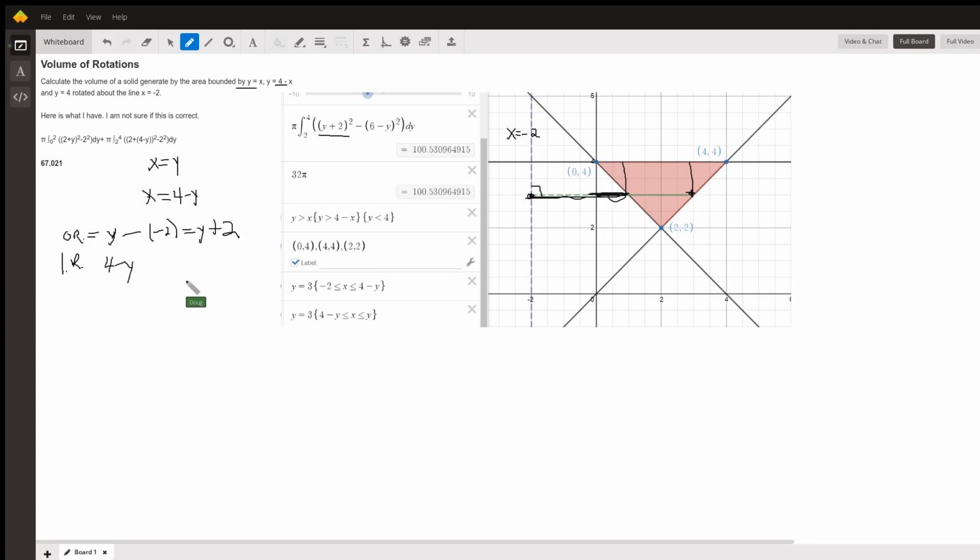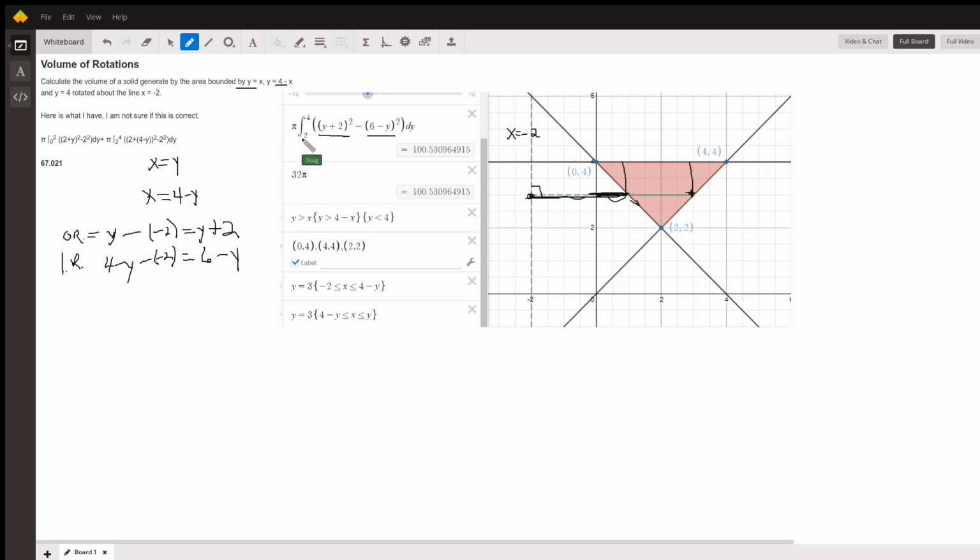So there's the x coordinate of any point on this line minus a -2. So the inner radius is 6 minus y. And that's what this expression is right here, the inner radius squared.